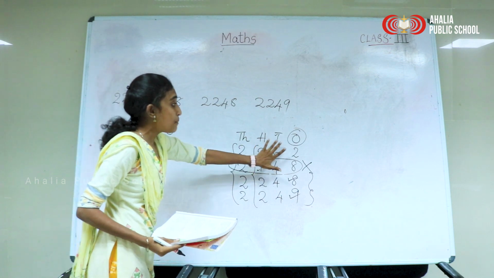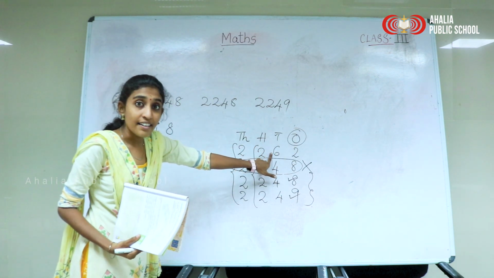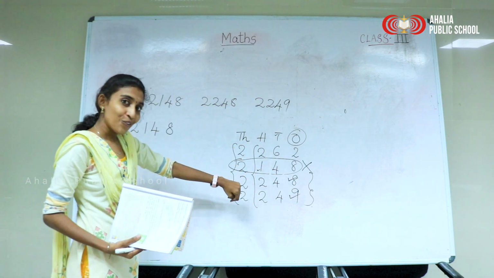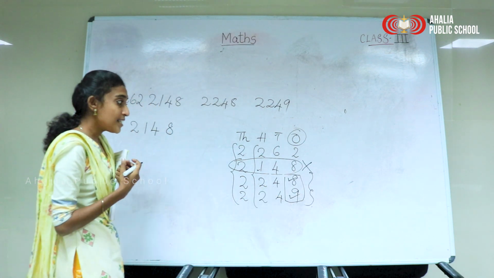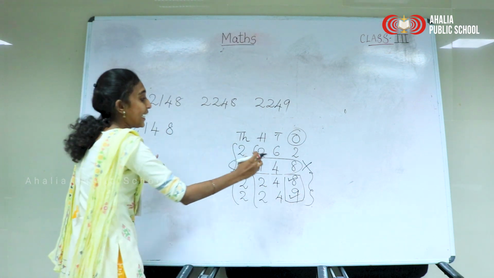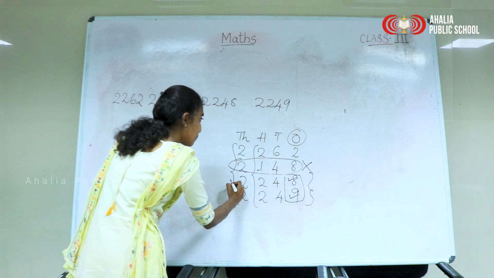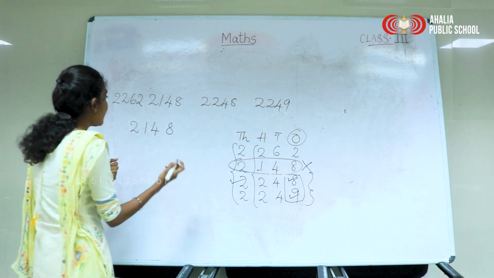Okay, so we have eliminated the first number. Why? Because we have a 6 here. Anyway, 6 will be greater than 4. Okay, so 8 and 9. So which is the least number here? 8. So we have concluded that the next number is 2248.